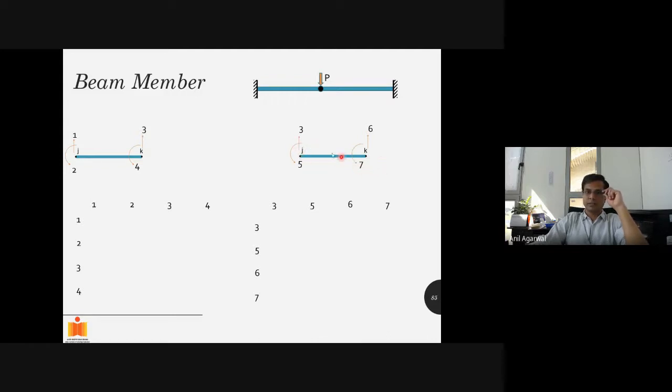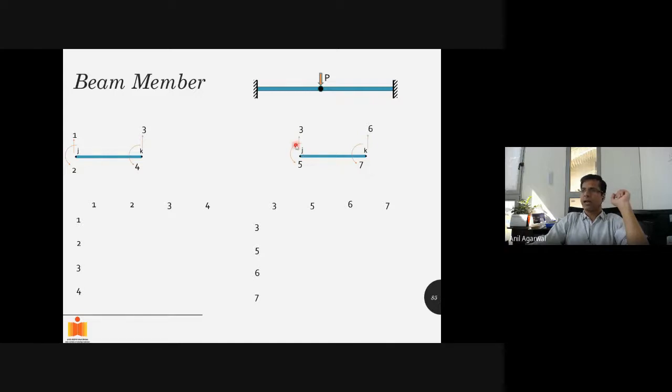Why is it not 3, 4, 5, 6? Why have I marked it as 3, 5, 6, 7? So far, the way I have been doing it, this is the common joint between the two members. So this will have degrees of freedom 1, 2, 3, 4, and this will have degrees of freedom 3, 4, which are the same as this one, and 6, 7.